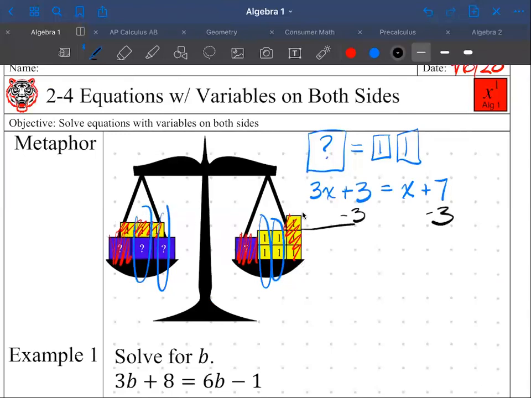And Ripley, what do we have after we subtract 3 from both sides? You'd have 3x plus x plus 4. I think you meant to say equal to right here. Is that right? Oh, yeah, equals, sorry. Yep, you're good. Thanks.